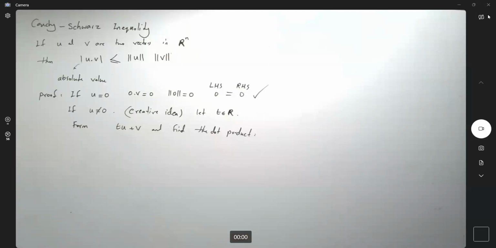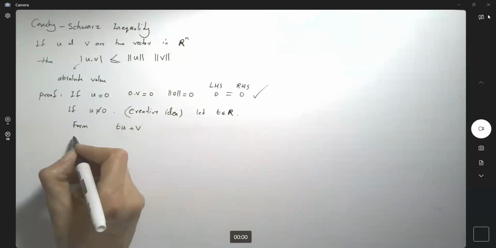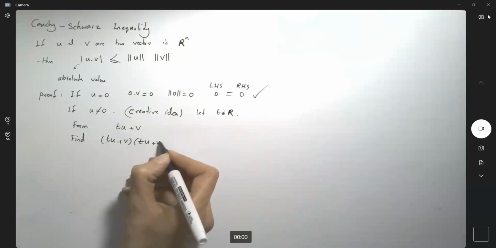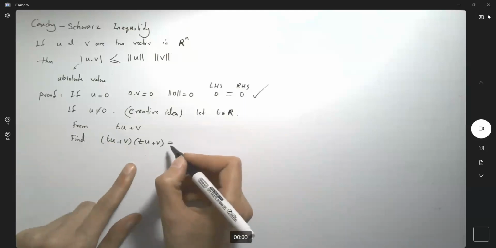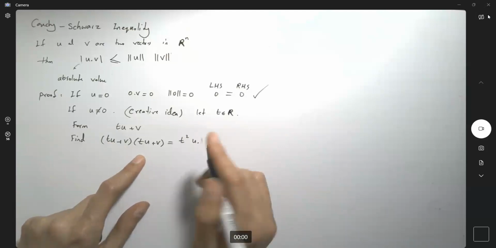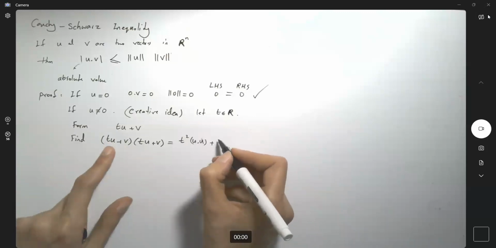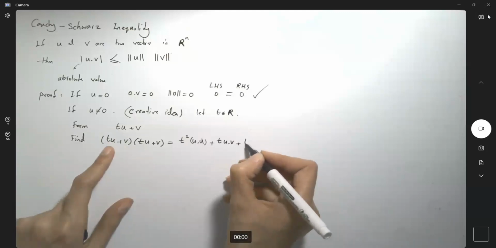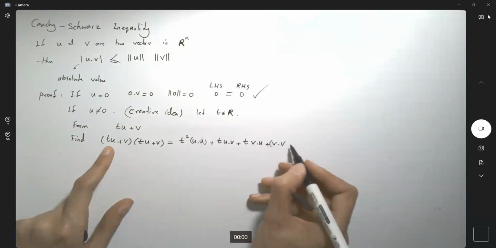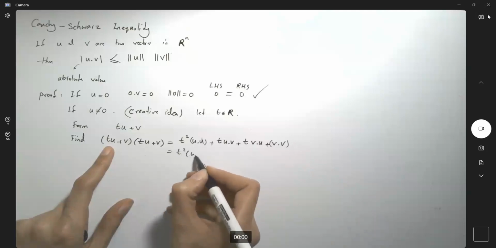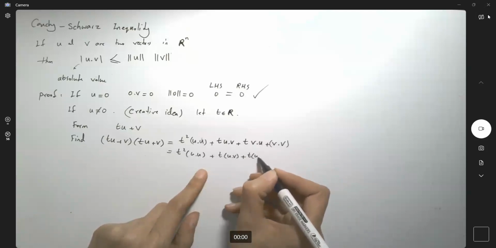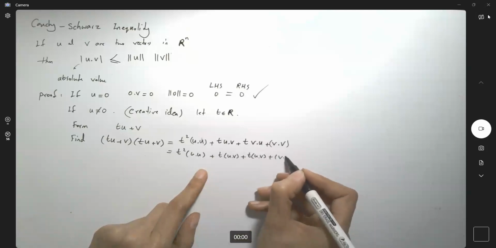So this is what is happening here. Find the dot product of tu plus v with itself. Based on what we learned before, this is t squared u dot u plus t u dot v plus t v dot u plus v dot v, which we can simplify as t squared u dot u plus t u dot v plus t u dot v, since the dot product is commutative, plus v dot v.